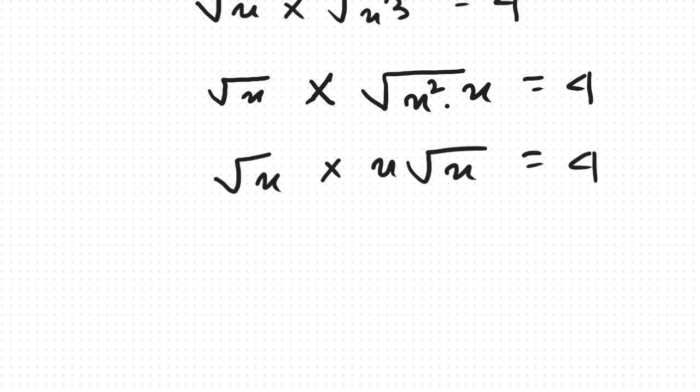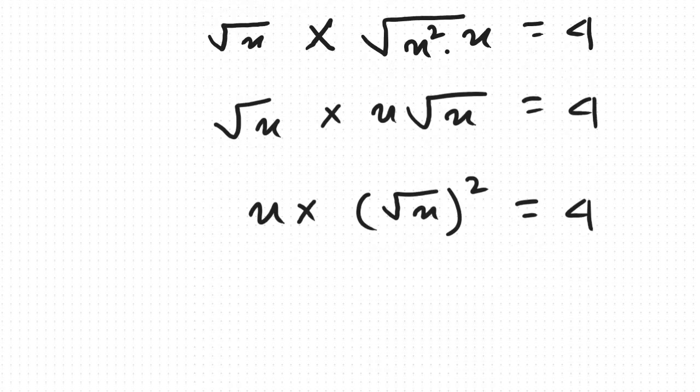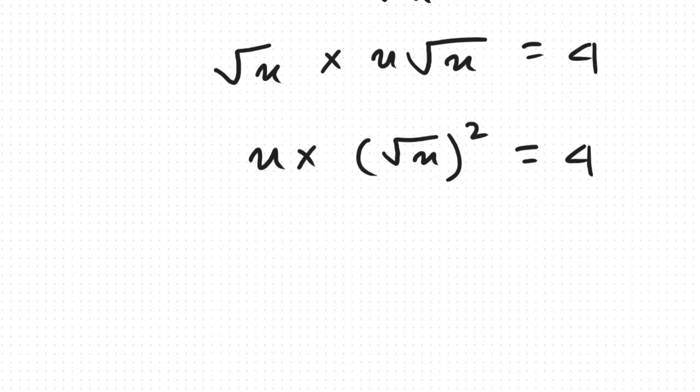Next we can write x into square root of x whole square equals 4, because there are two square roots, and if we multiply those two, we get square root of x whole square. Next we can write x times x equals 4, because square root and square cancels each other, we get x.